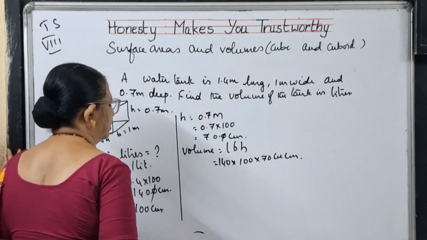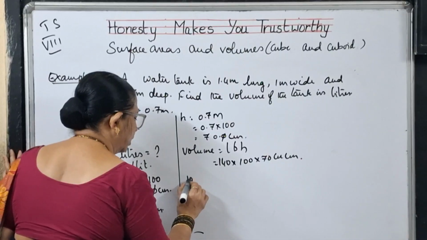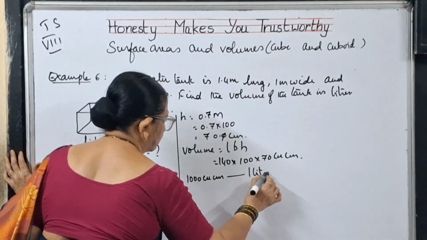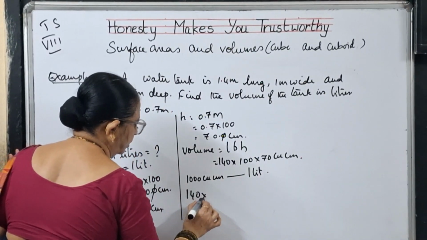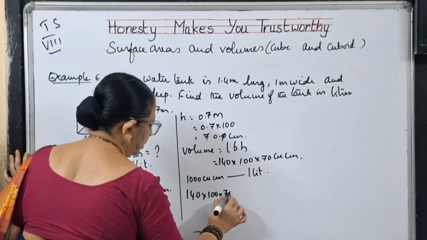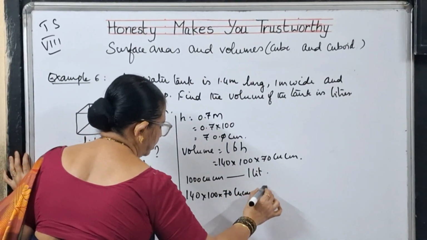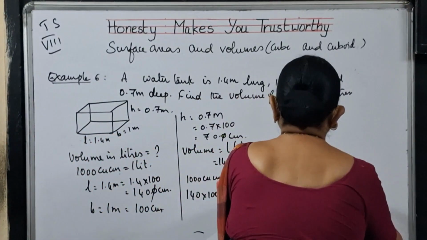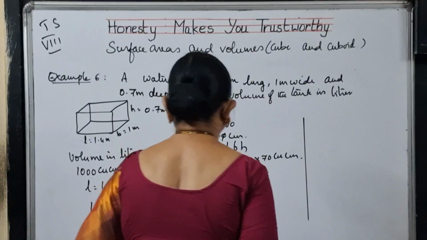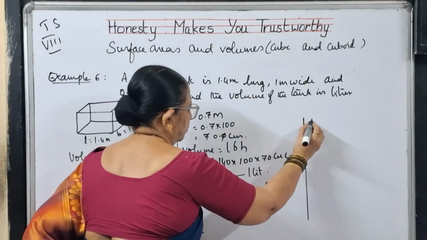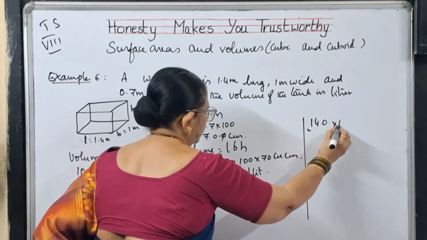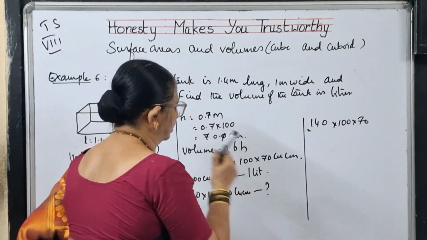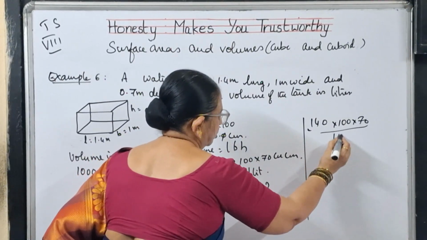Don't multiply, leave it like this, and we know that 1000 cubic centimeters makes 1 liter. So 140 into 100 into 70 cubic centimeters means how many liters? This is equal to 140 into 100 into 70 into 1 by 1000, divided by 1000.